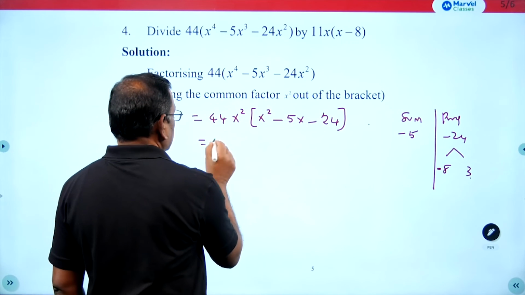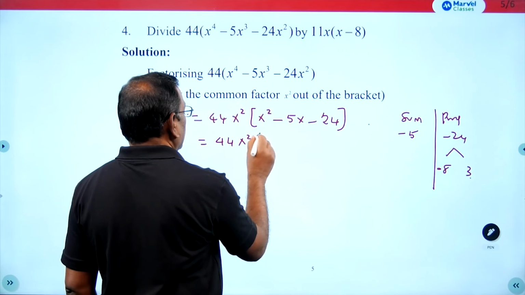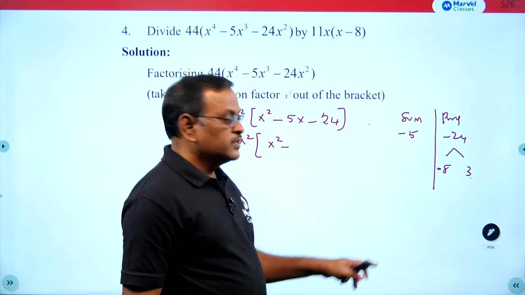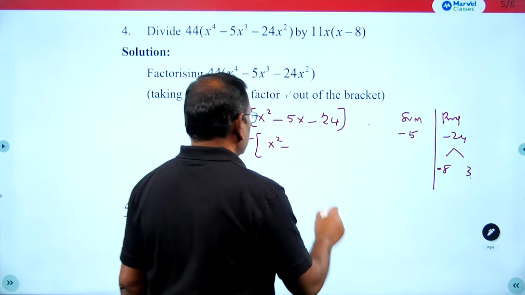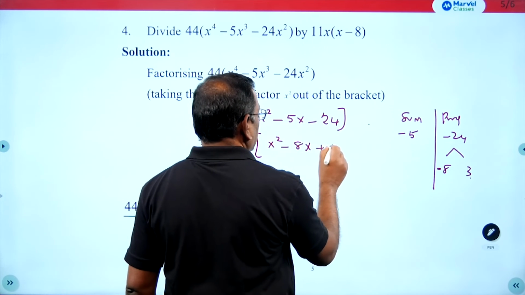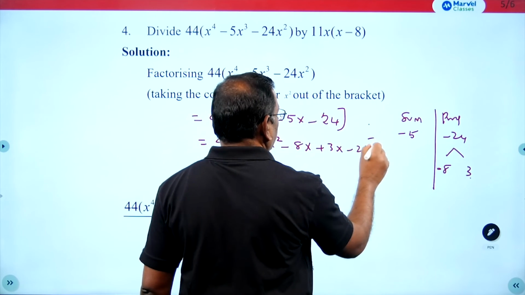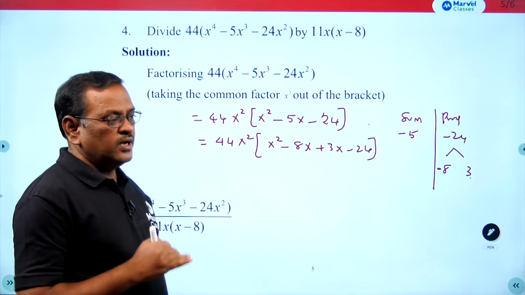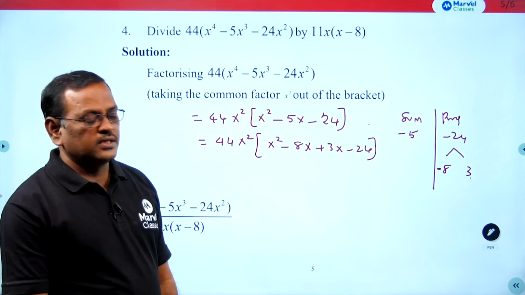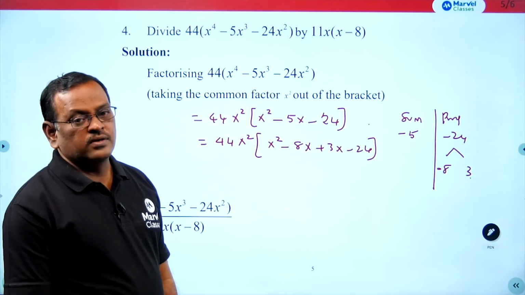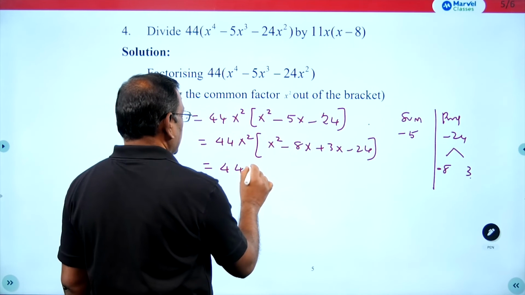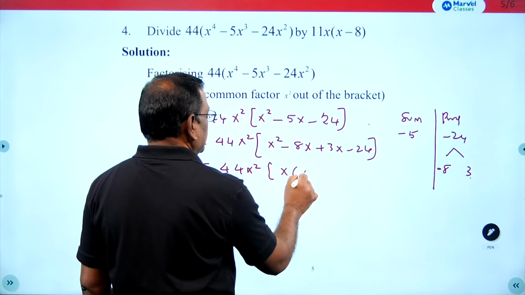Now apply this concept: 44x square into x square minus 5x. The middle term is split into two terms, minus 8x plus 3x minus 24. Now the trinomial becomes a 4-term expression. Then only you can apply the grouping concept, taking out the common factor. 44x square into x minus 8.